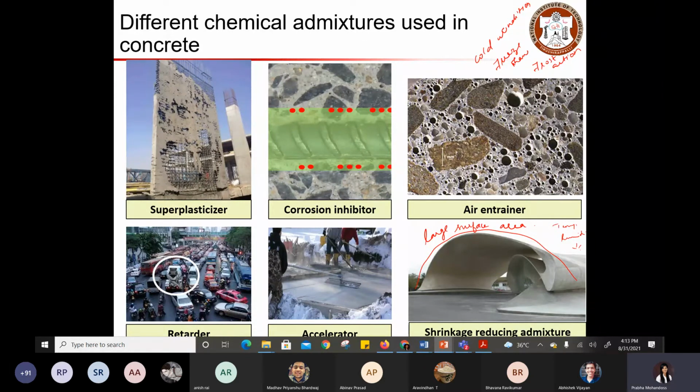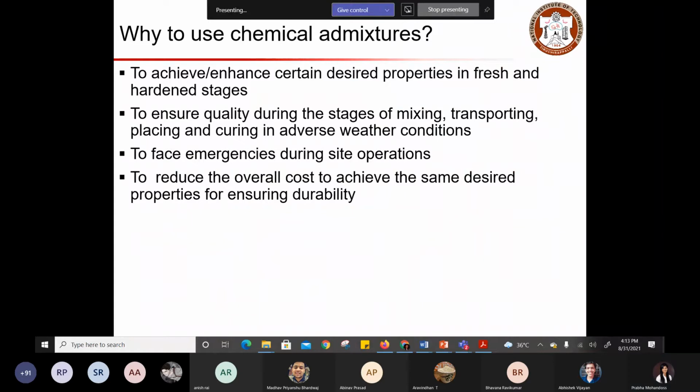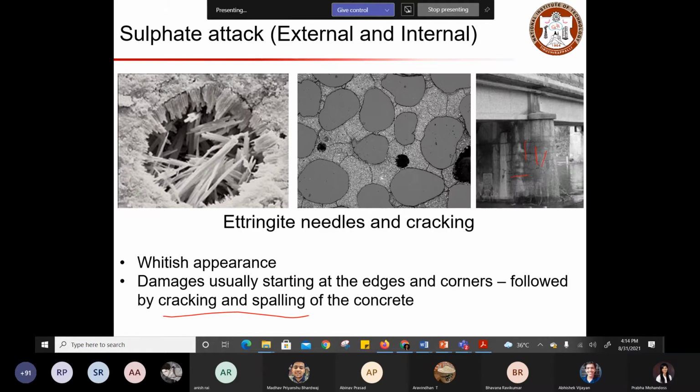When the moisture evaporates from your surface, that will lead to plastic shrinkage issues. So in such cases, when you use shrinkage reducing admixtures, you can avoid such cracks on the surface. So you might now know when to use chemical admixtures, right?